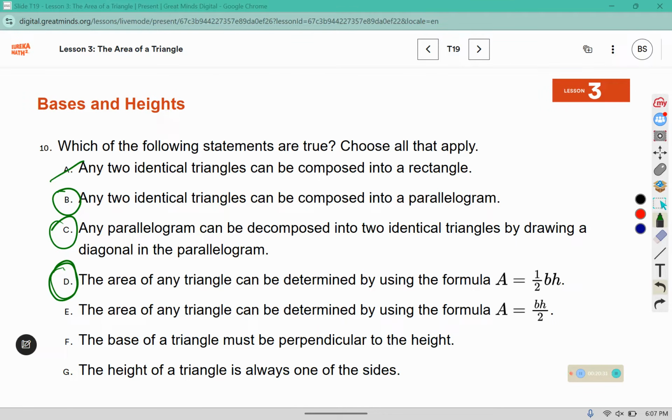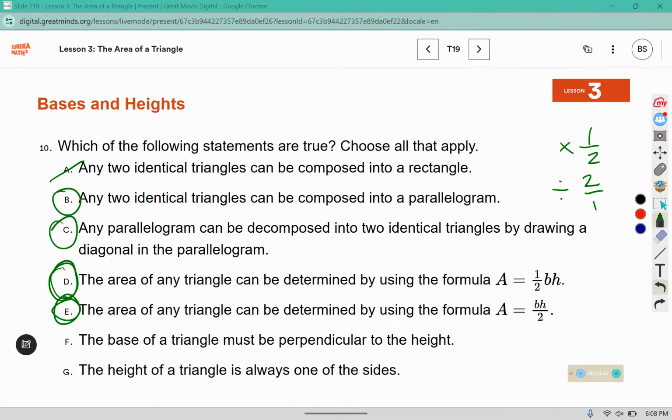The area of any triangle can be determined by using the formula A equals B times H divided by 2. Well, yeah, multiplying by 1/2 is the same as dividing by 2, because remember, it's just flipping that fraction over, like when we were dividing by fractions. It's just a different way of writing the same formula.